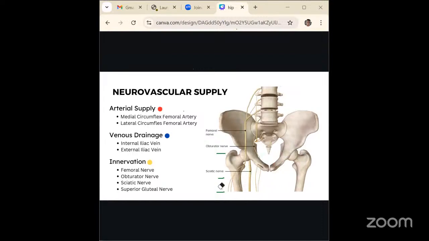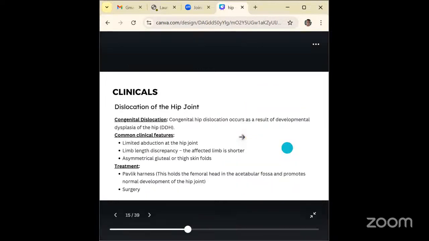Okay, so let's move over to the clinical correlations. Some clinicals. The first one we have is the dislocation of the joint. The dislocation could either be acquired or congenital. Congenital meaning that it happened during development.